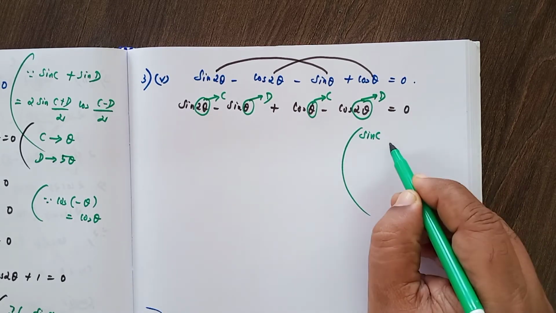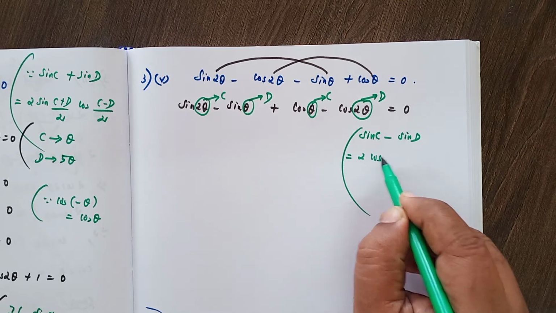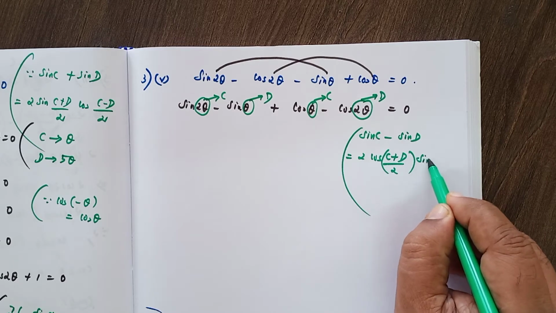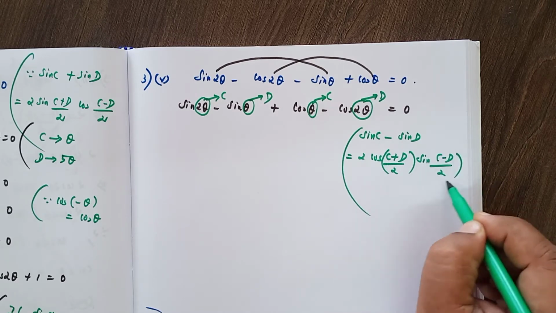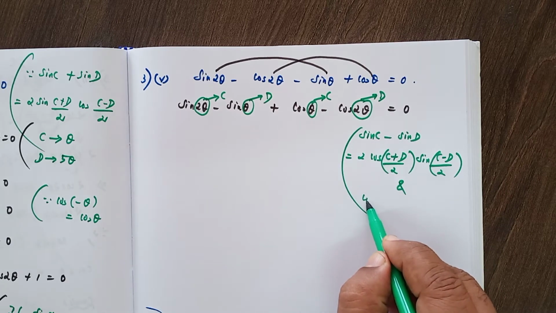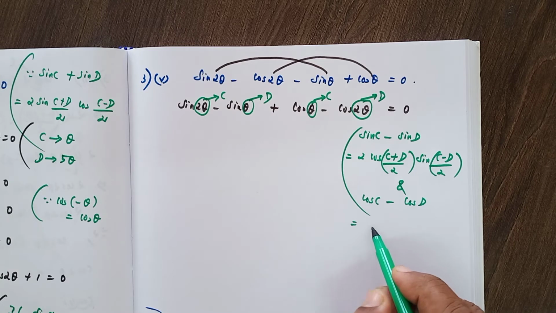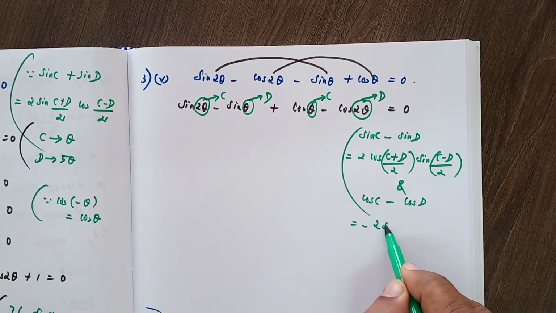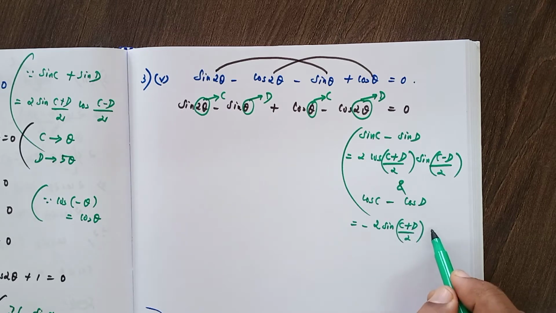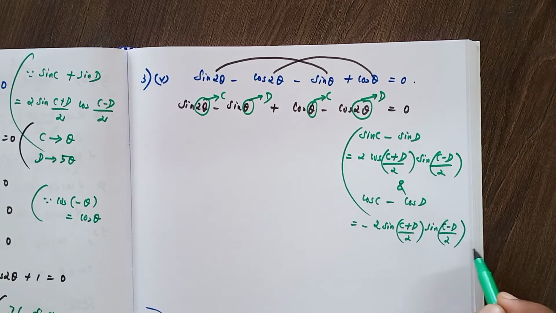Sin c minus sin d equals 2 cos of (c plus d) by 2 into sin of (c minus d) by 2, and cos c minus cos d equals minus 2 sin of (c plus d) by 2 into sin of (c minus d) by 2.